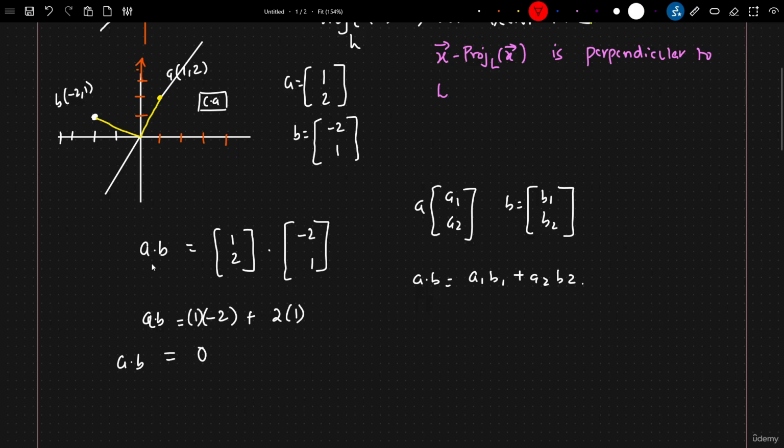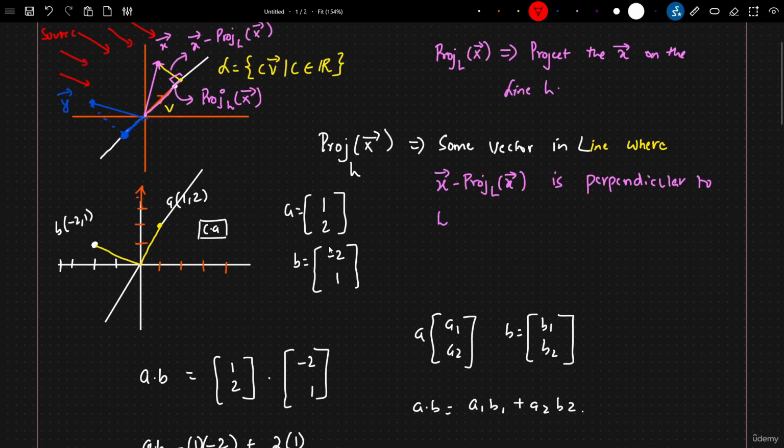So this is really important. Whenever a vector is exactly perpendicular to the other line or other vector, the dot product is obviously a 0 value. So the dot product is always 0 for those specific vectors, and that is what I have proved over here.